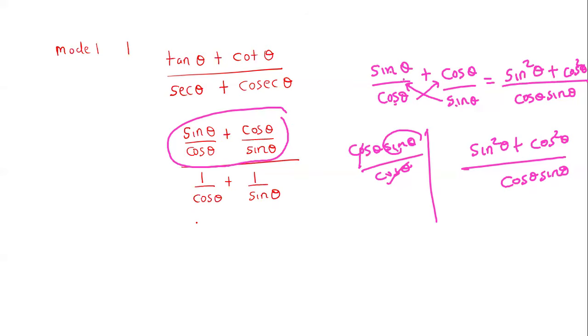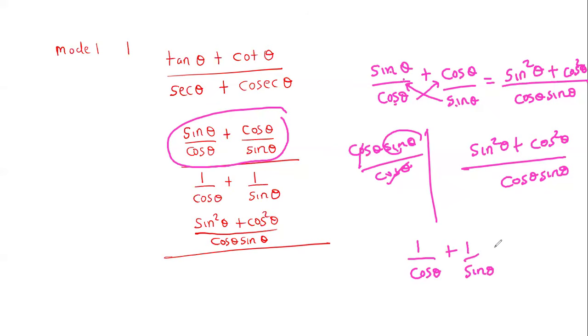My numerator now becomes sine squared theta plus cos squared theta out of cos theta sine of theta, divided by what I have in the denominator, which is cos theta plus 1 out of sine of theta. Mathematically, you can still use cross multiplying. This multiplies here, this multiplies here, so I get sine theta plus cos of theta, then down I have cos of theta, sine of theta.